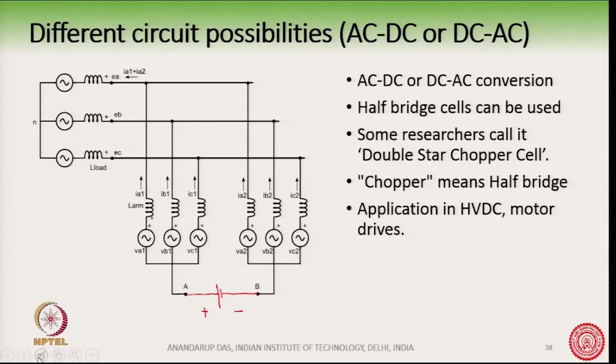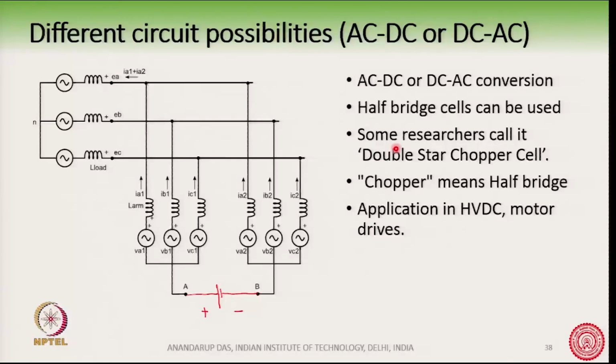Okay. Now, why is it double star and why is it a chopper cell? Chopper means half bridge. They use the word chopper for half bridge and bridge for full bridge. So, it is a different nomenclature meaning the same thing. However, you will see both these terms used frequently in literature.